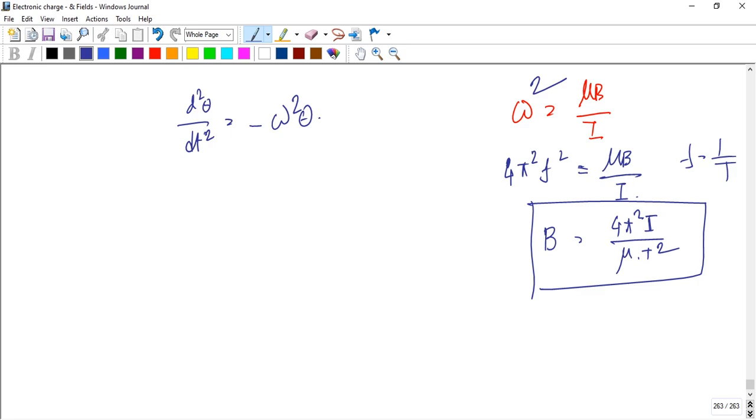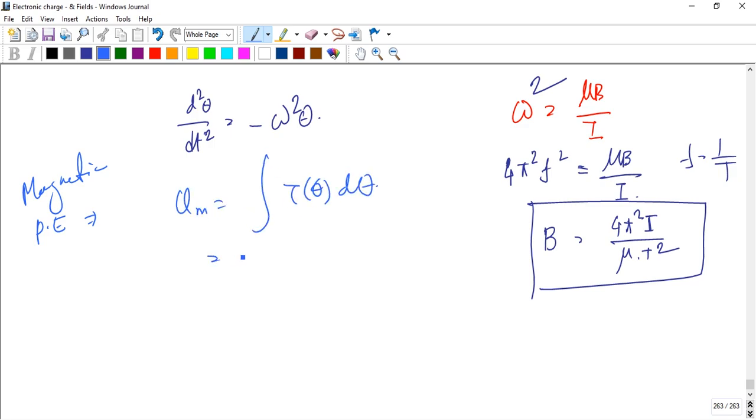So that's the magnetic field. Okay, and what is the magnetic potential energy? The magnetic potential energy is equal to the integration of tau d theta. Tau means mu B sine theta, d theta, and mu B is the constant.